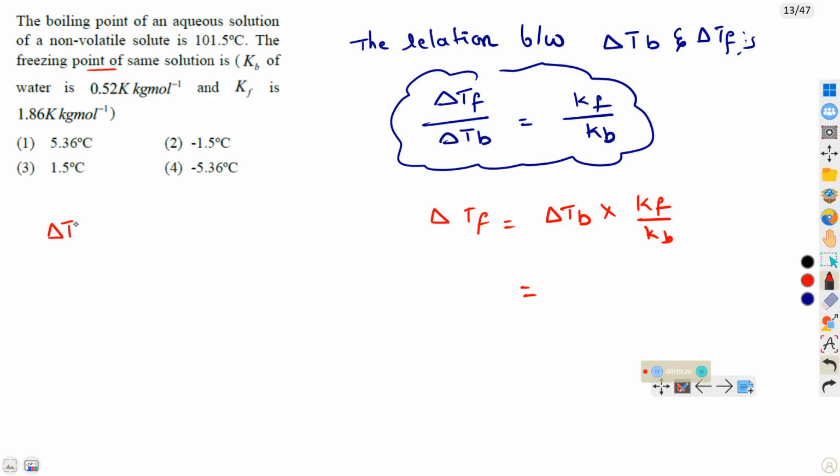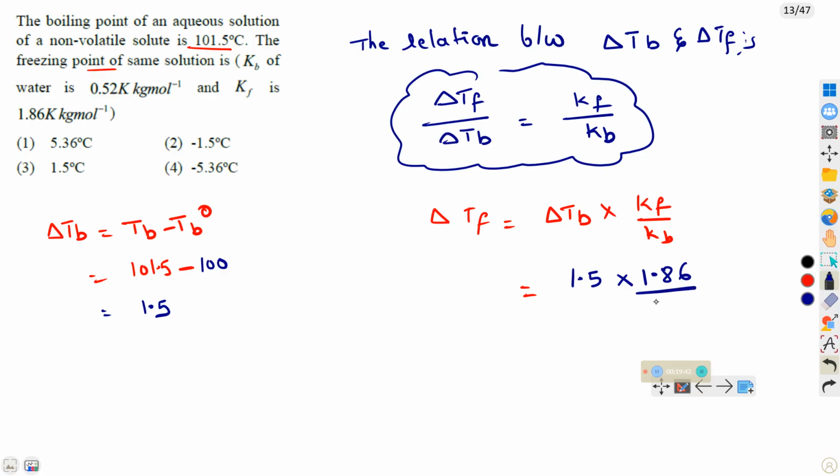First calculate delta Tb. Delta Tb is equal to Tb minus Tb naught. The solution value is given as 101.5 degrees. Solvent is water. Water boiling point is 100 degrees Celsius. So you will get 1.5. 1.5 into Kf value 1.86, Kb value is 0.52. Simplify. Then you will get 5.365 degrees Celsius.